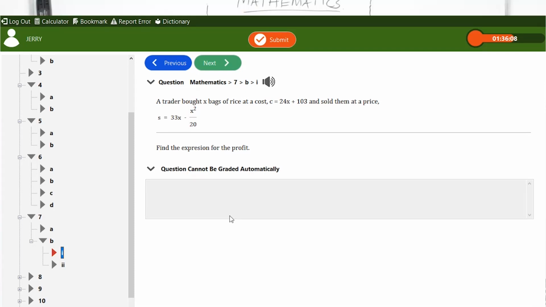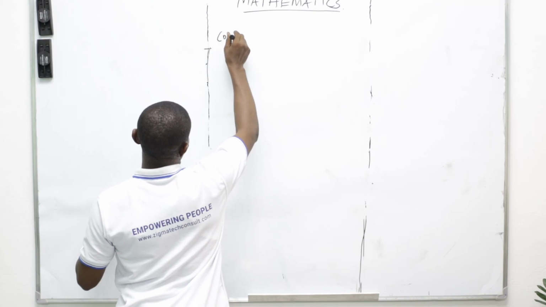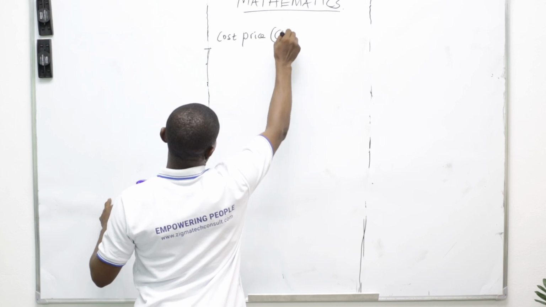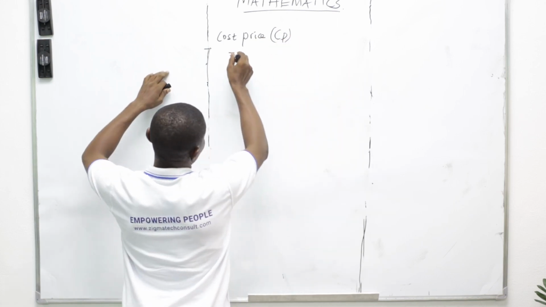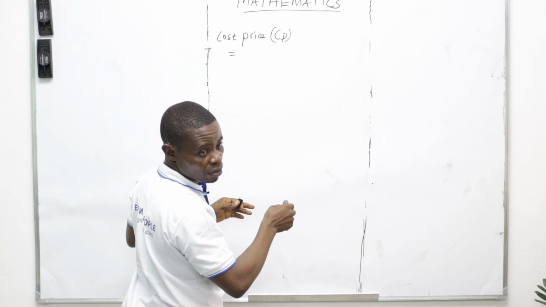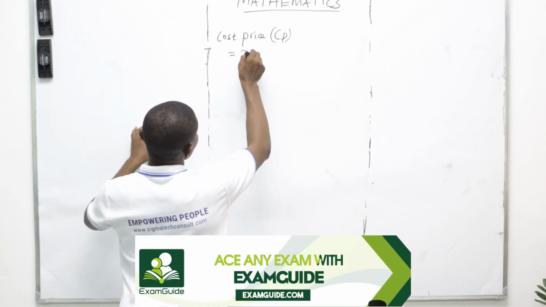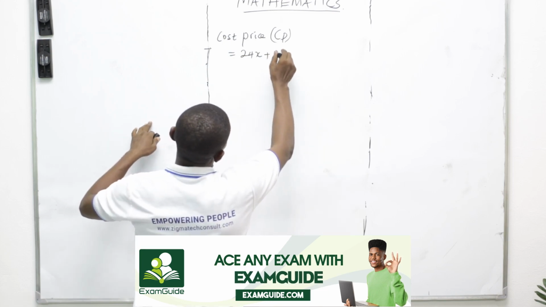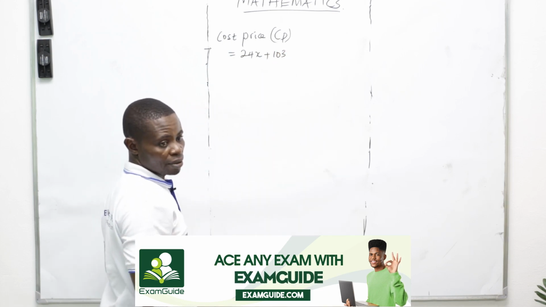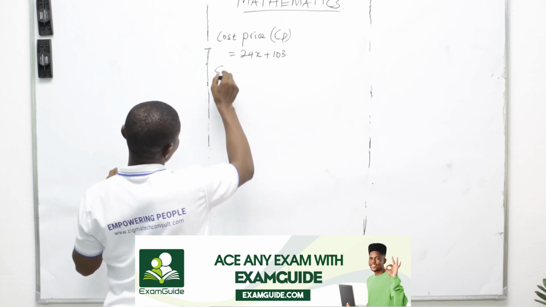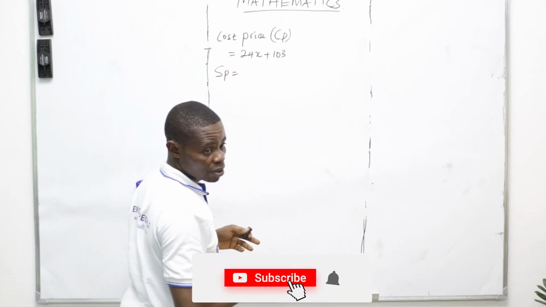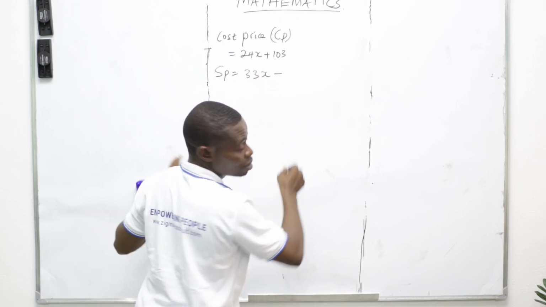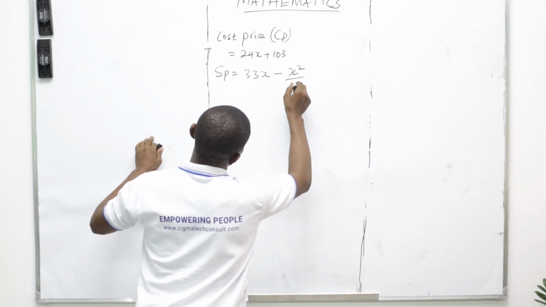You say cost price, I like writing this, that is CP equals 24x plus 103. Then selling price, I call it SP, equals 33x minus x squared all over 20.